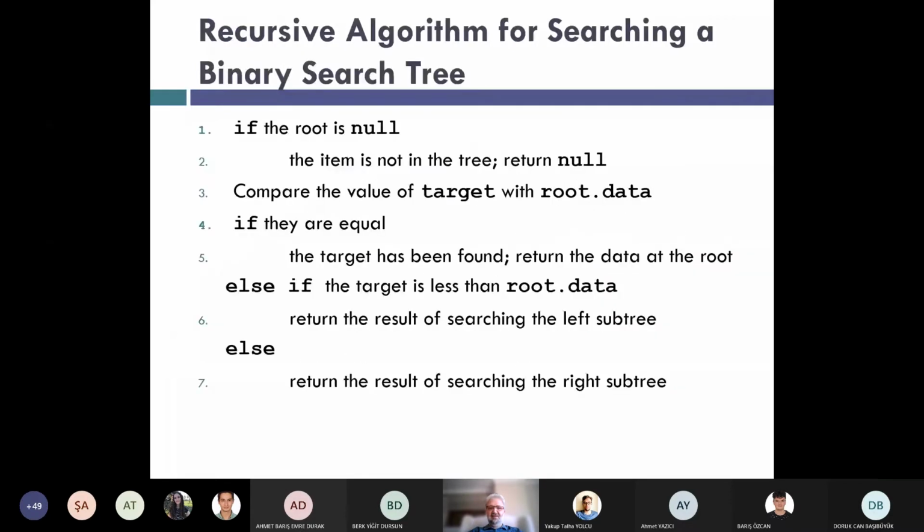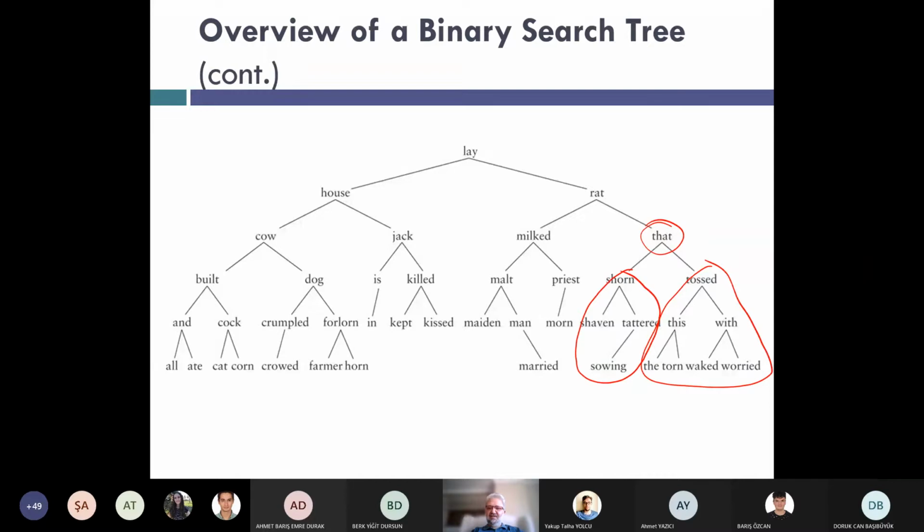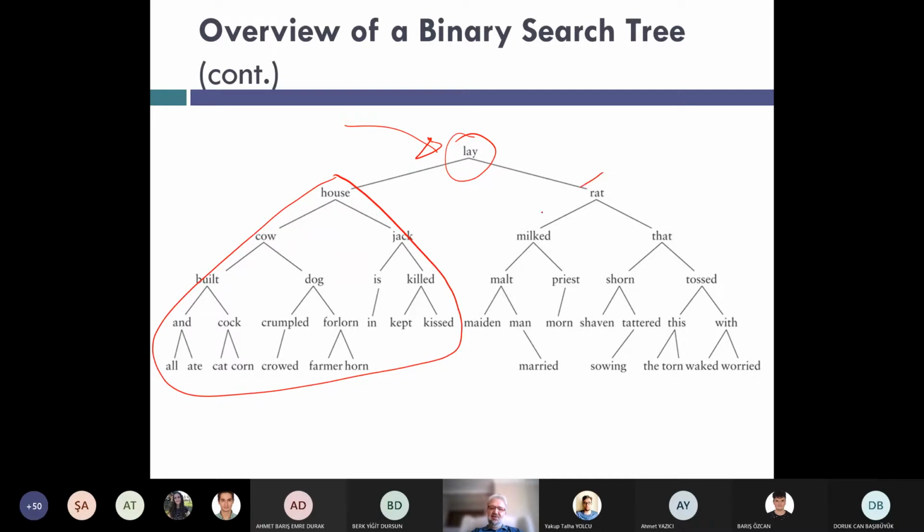This is the algorithm for the search operation we have seen. Actually, the search operation is performed using this recursive definition. We start from the root. We always start from the root, since we have the reference to the root only, and based on the search key value and the value at the root, we continue the search operation with the left subtree or right subtree, right?